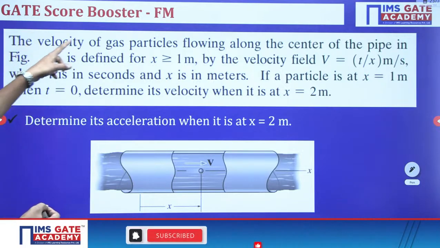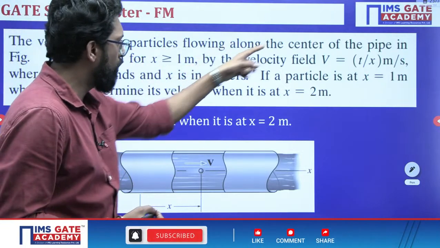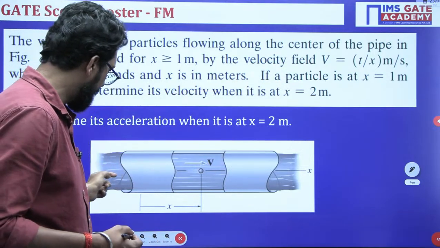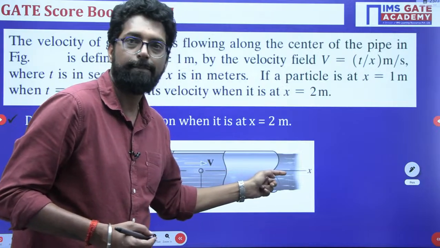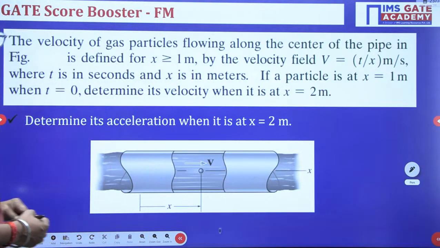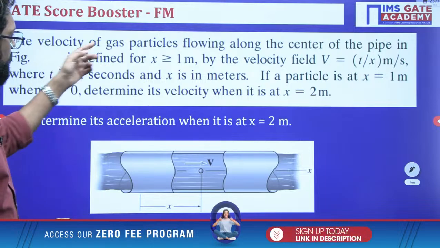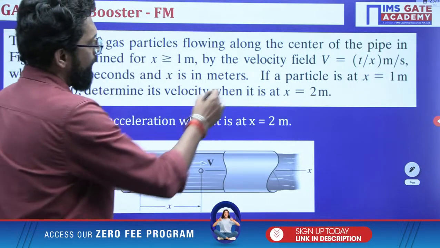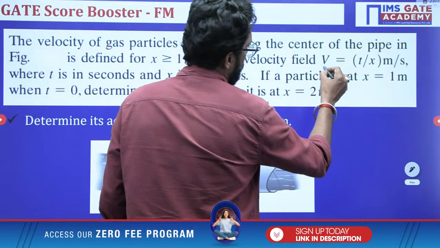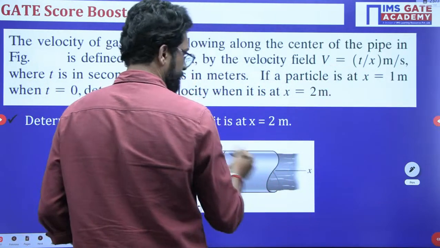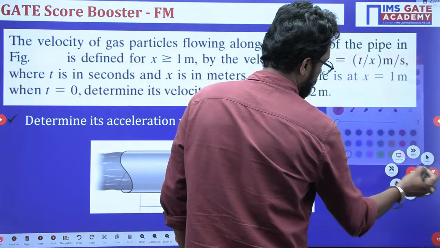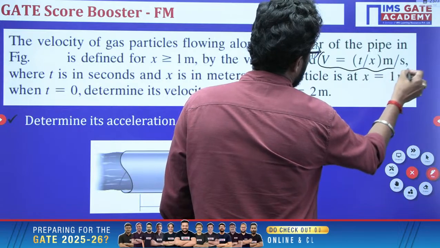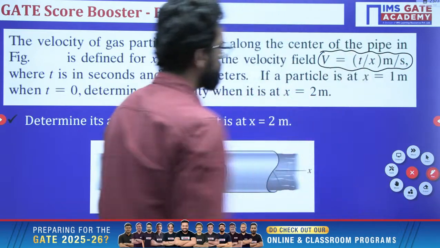The velocity of a gas particle flowing along the center of the pipe in the figure, this is your pipe and a gas particle flowing at the center, is defined for x greater than or equal to 1 meter by the velocity field given here.